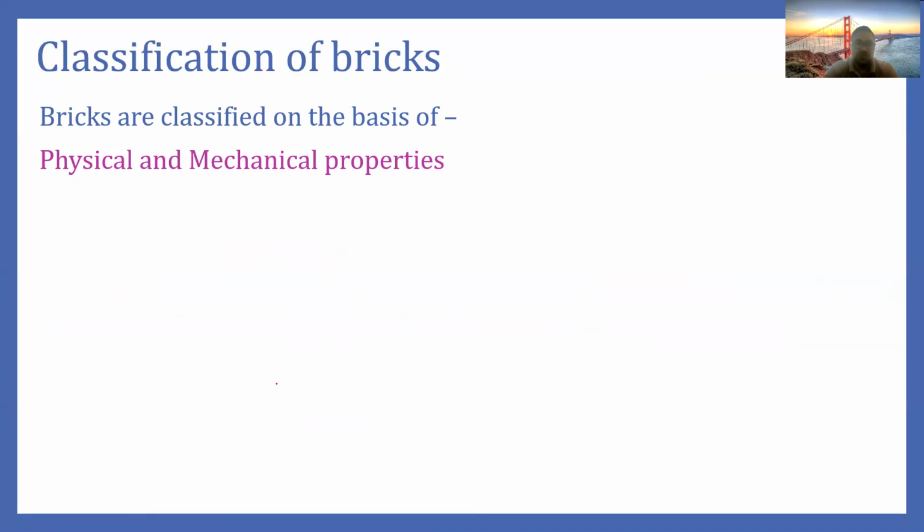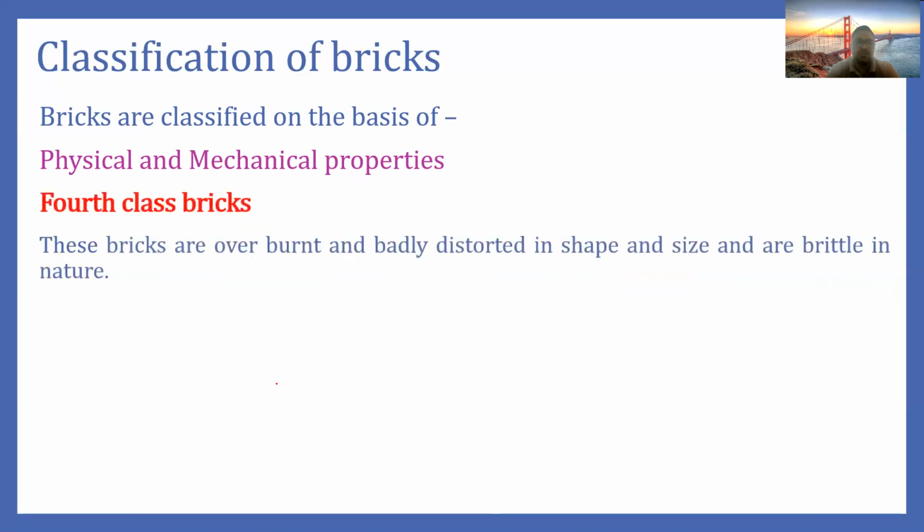Similarly, we have the fourth class brick. Fourth class bricks are the bricks which are overburnt. Because of this overburning, they can be badly distorted in shape and size, which means they will not be perfectly rectangular and their size will be distorted, and they will be highly brittle, so they cannot be used in general work.